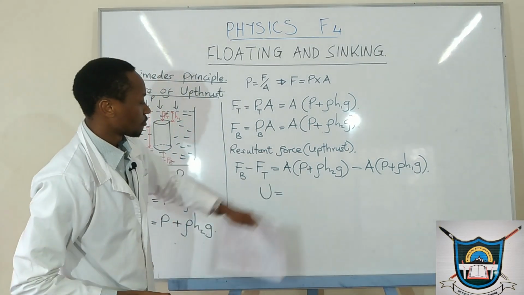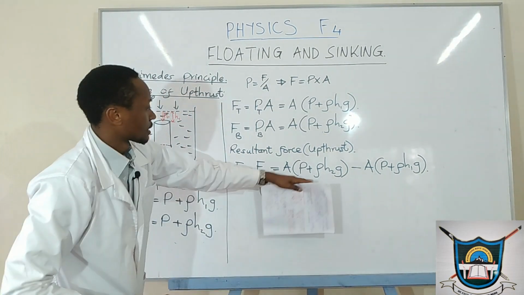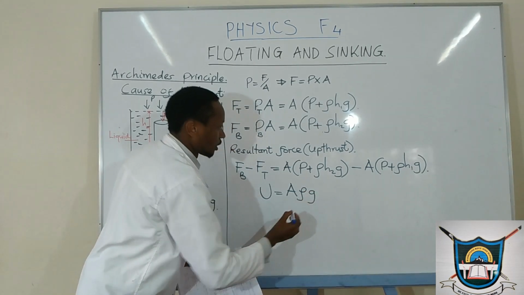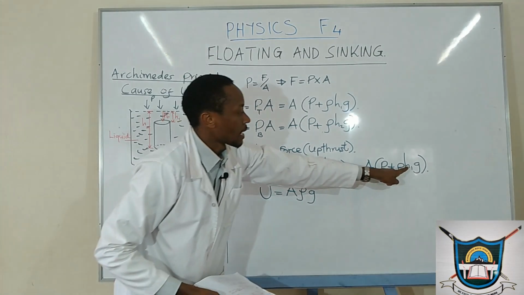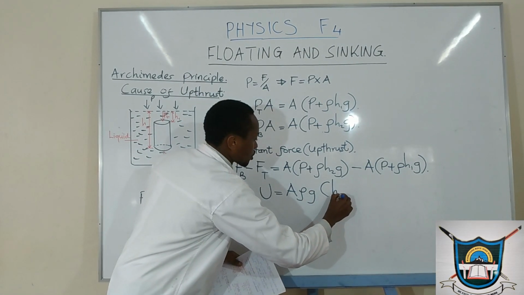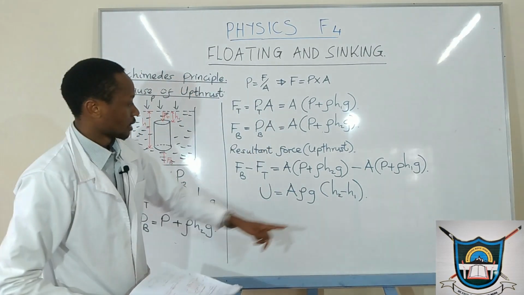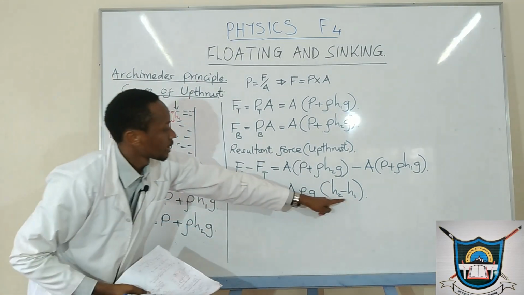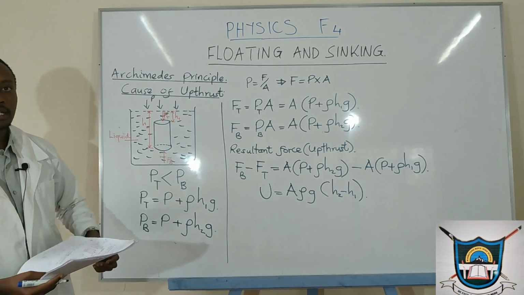It will be given by area times density times G, then H2 minus H1. So you can write it H2 minus H1, student. When you subtract this formula, you get this, and H2 minus H1 will be the same as the height of that body.